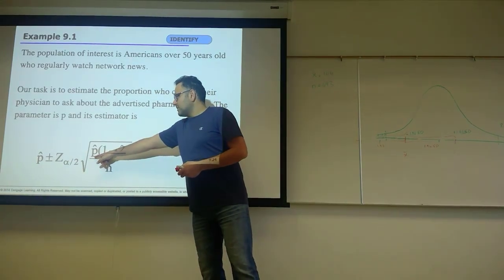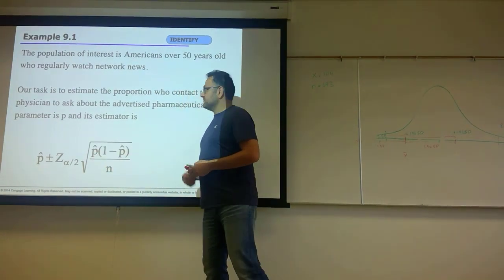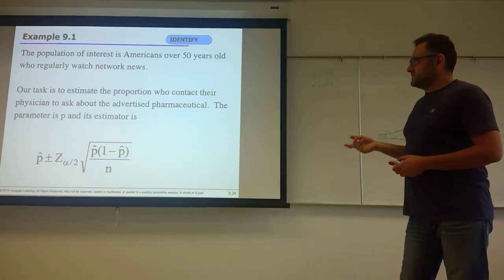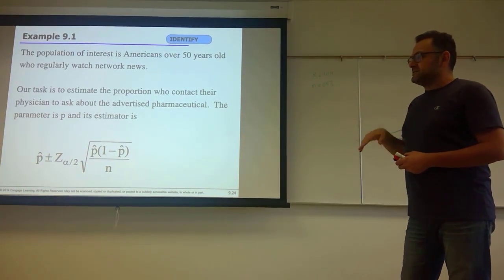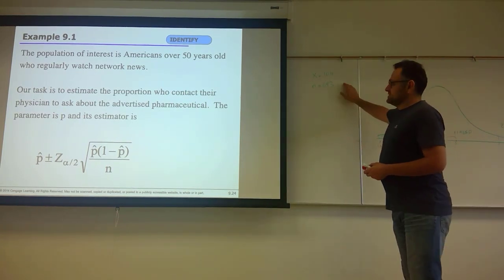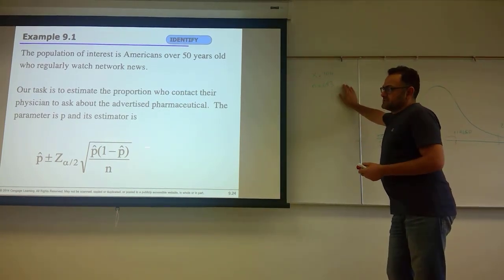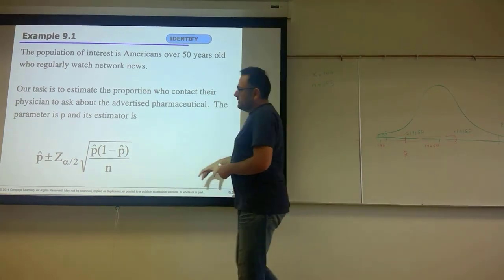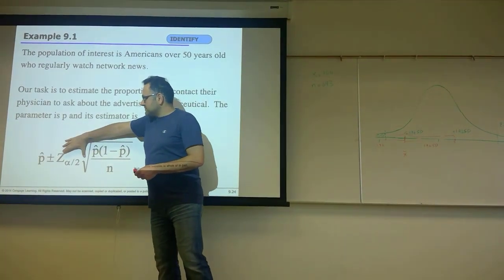So the probability that we calculated in our sample, which is 104 out of 693, times 1 minus p, divided by n, the sample size, which is 693, and the square root of that. And then this z is the z-score of the confidence interval that we want to calculate.